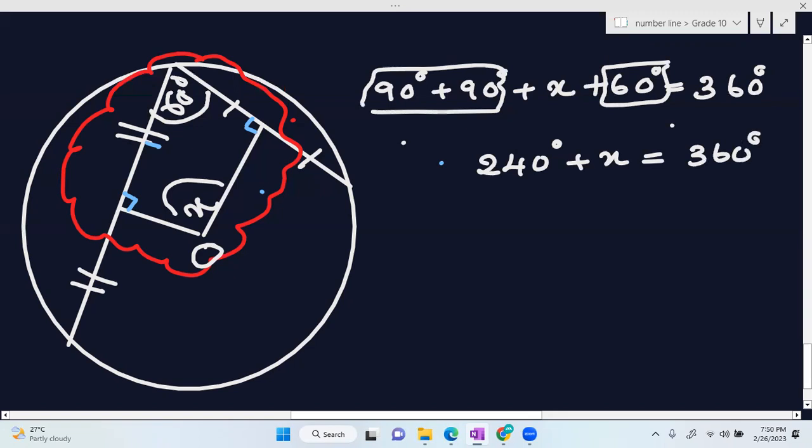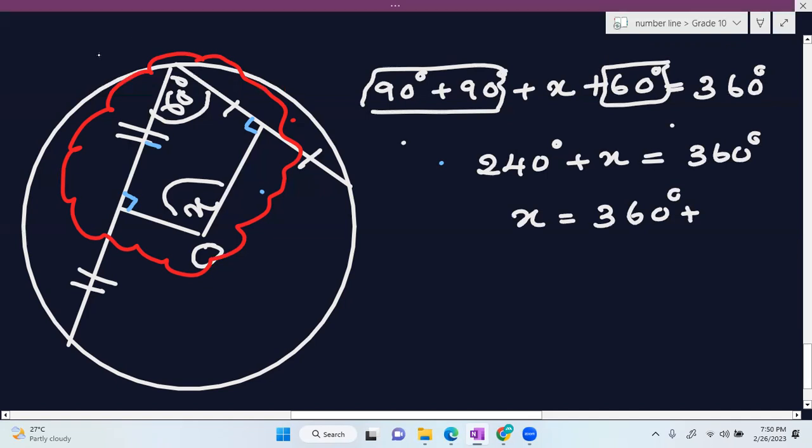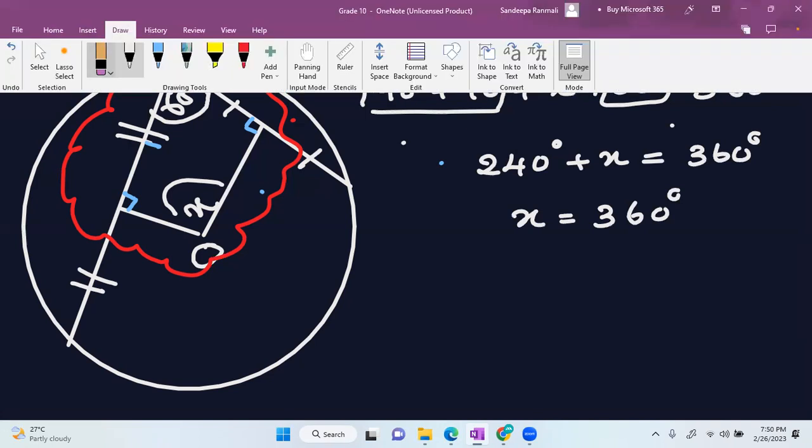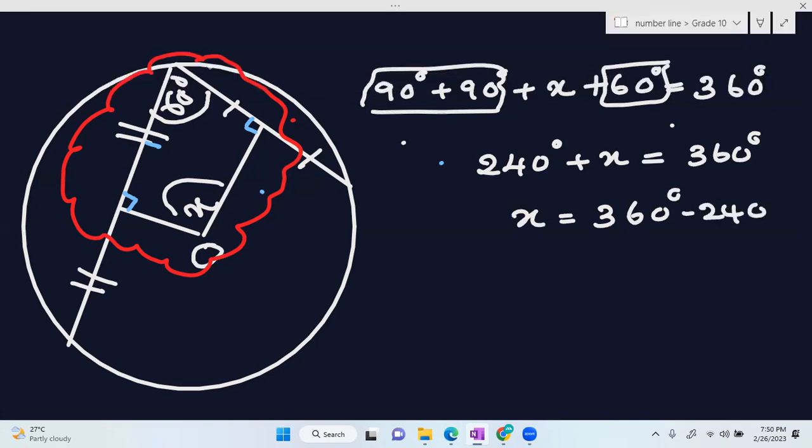Okay, then to find x, subtract 240 from 360. Then the answer is 120. x is equal to 120.